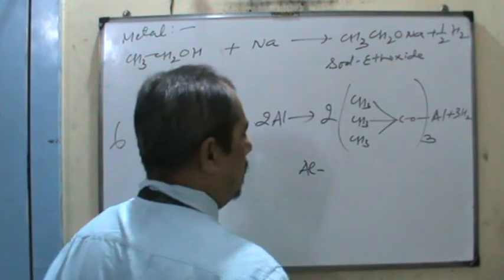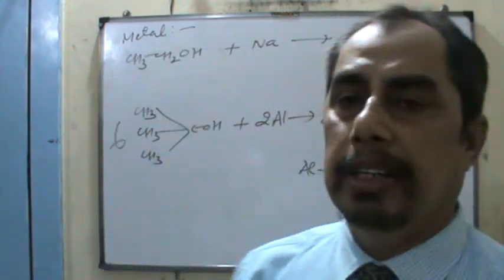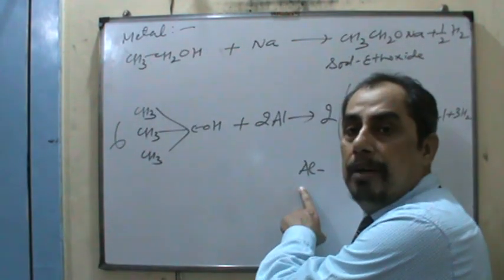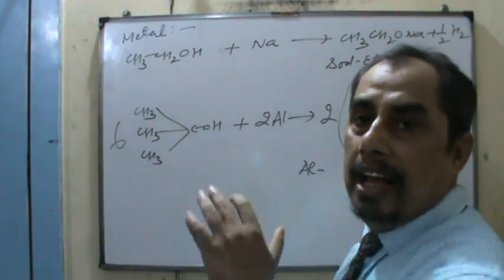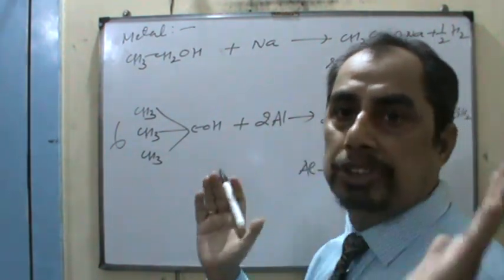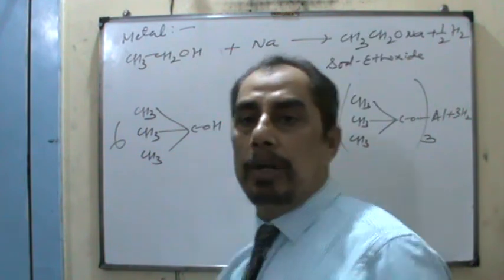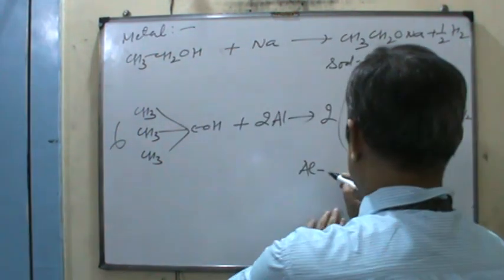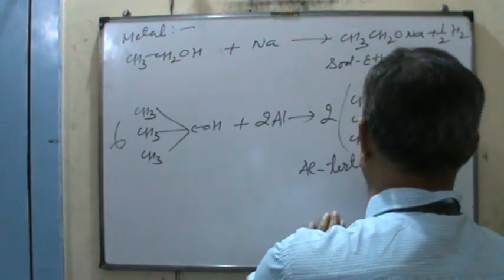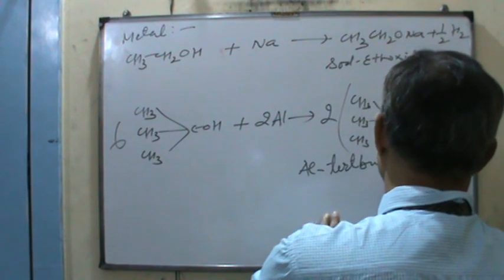Anybody tell me the name of this product here? What is this? Aluminum tertiary butoxide. Aluminum tertiary butoxide, right? So here you can add aluminum tertiary butoxide.